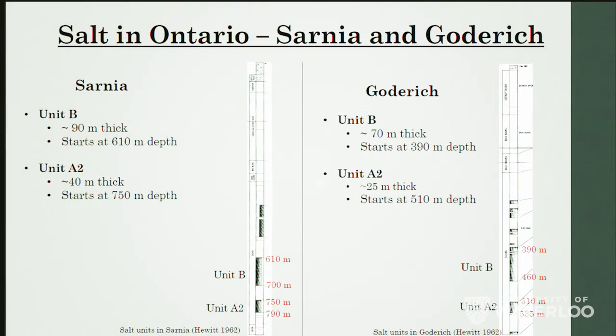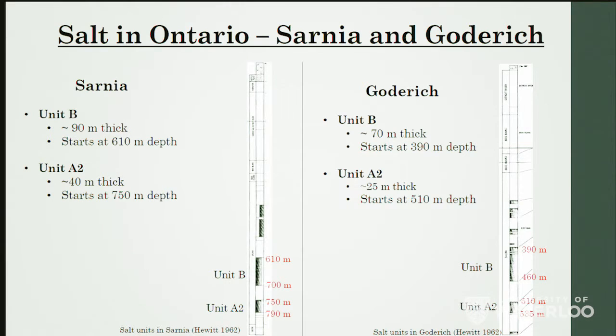For Ontario, we are focusing on two major cities, Sarnia and Goderich. The reason is because they have adequate geology and there are wind plants nearby and a good transmission network. In Sarnia, Unit B is 90 meters thick and starts at 610 meter depth. Unit A2 is 40 meters thick and starts at 750 meter depth.